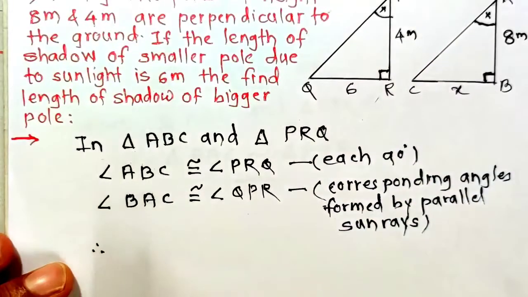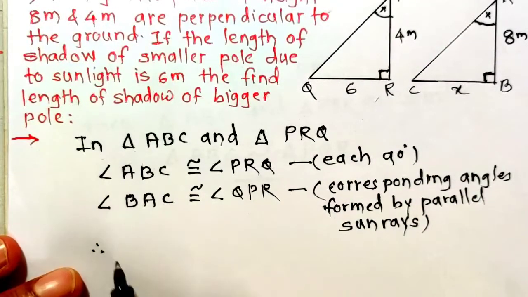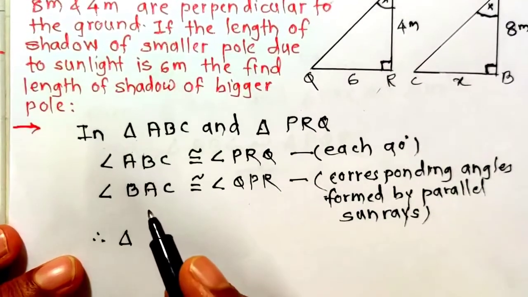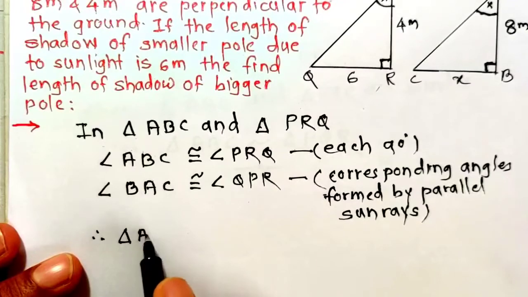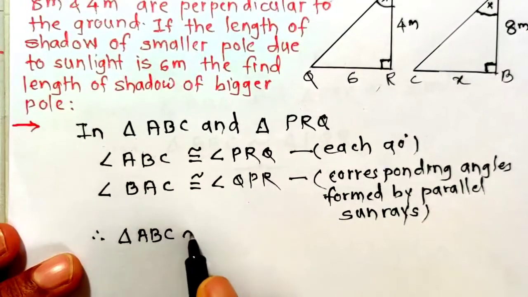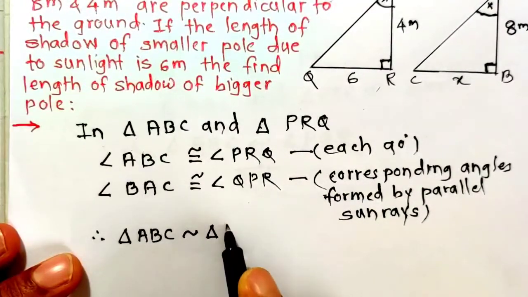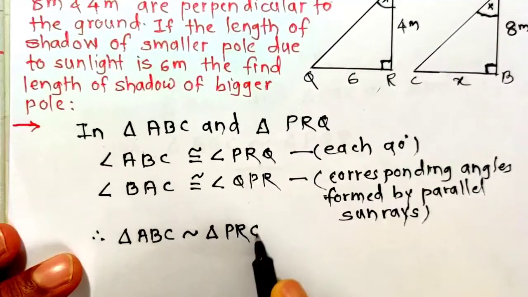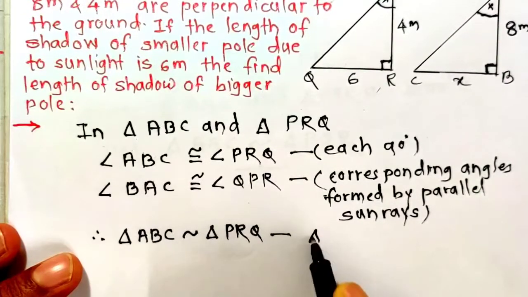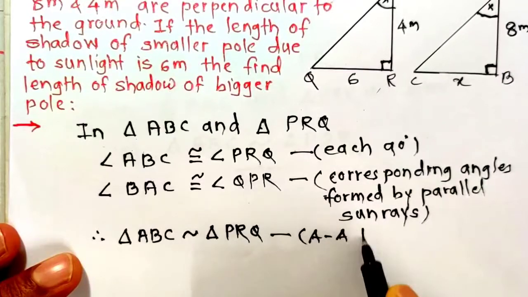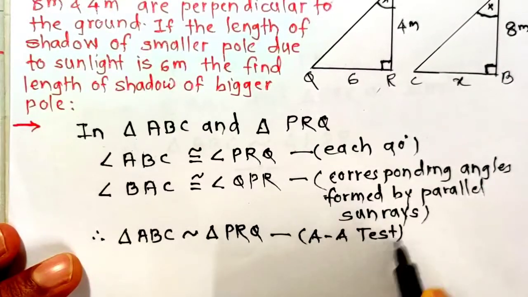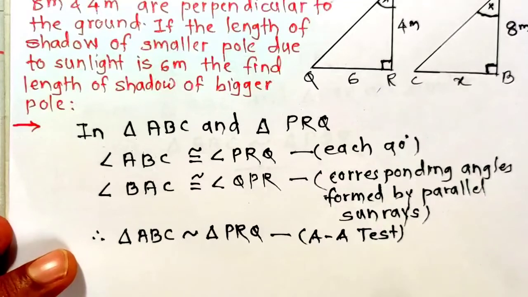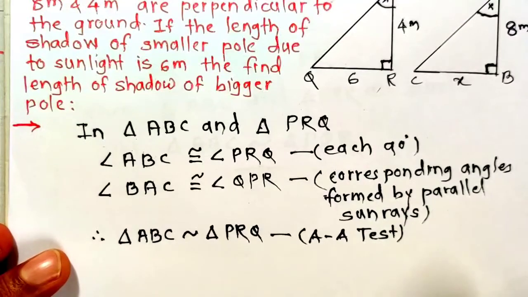That means by which test? AA test. These triangles are similar. So we can write triangle ABC is similar to triangle PRQ, and here we have to write the test of similarity, AA test of similarity. Now remember, when two triangles are similar, their corresponding sides are always in proportion, means their ratios are equal.